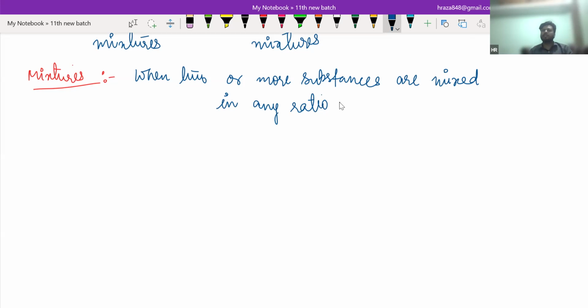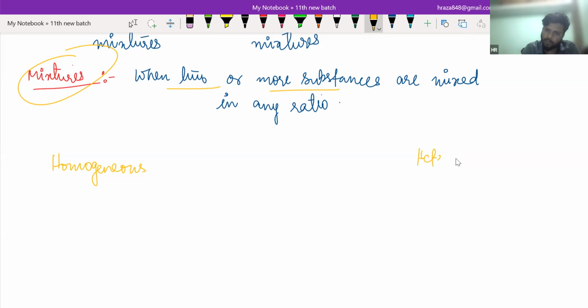In a compound, the ratio is fixed for a specific compound, but in a mixture there are differences. It is of two types, homogeneous mixture and heterogeneous mixture.